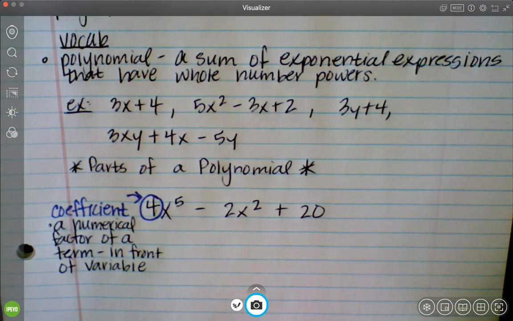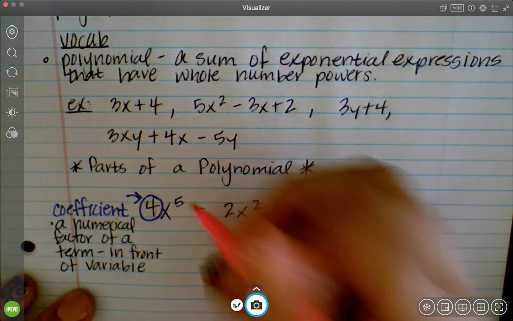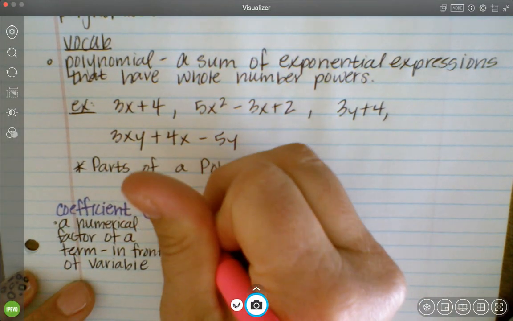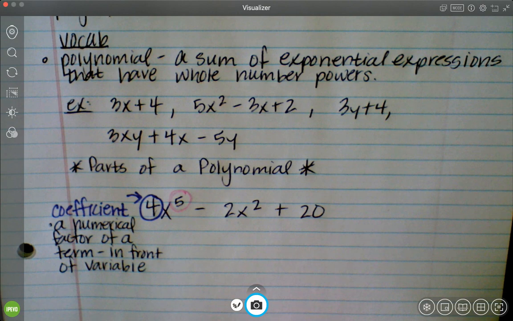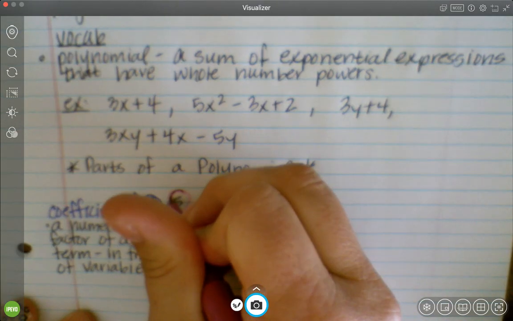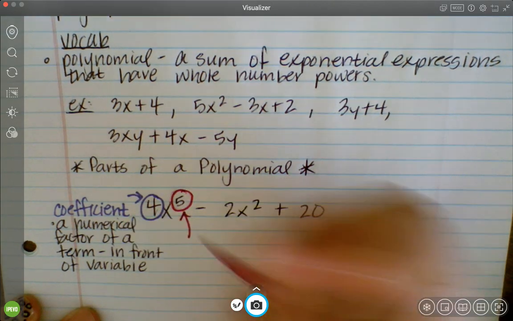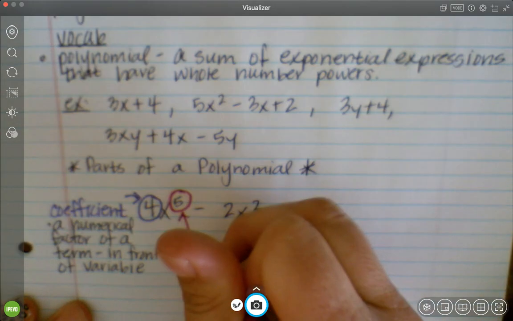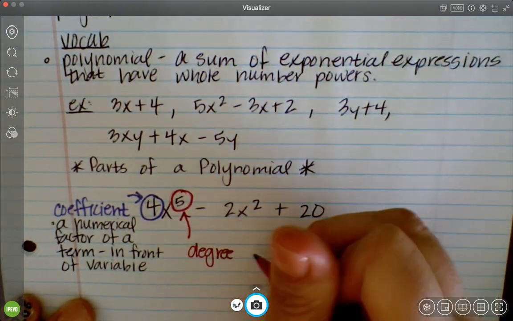The next thing I want to talk about is the degree of the polynomial. So this number right here, let me grab a different marker. This is the degree of the polynomial.